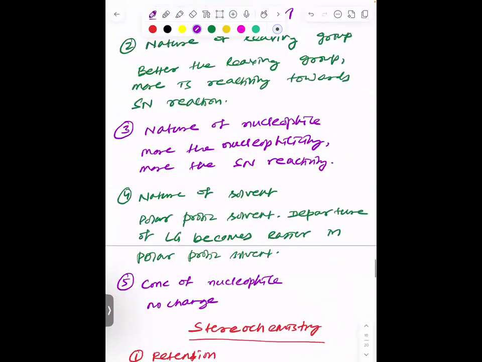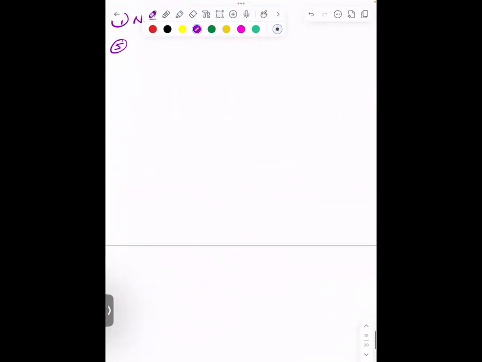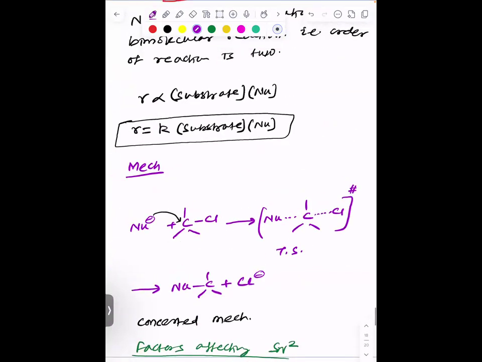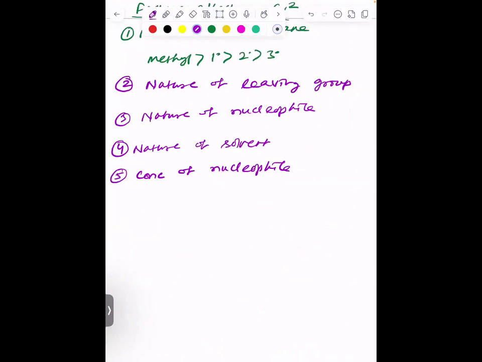What is your stereochemistry, concentration of nucleophile. And then in SN2, the rate of reaction is proportional to K into substrate into nucleophile. That means if we increase the nucleophile concentration, the rate of SN2 reaction will increase, right?